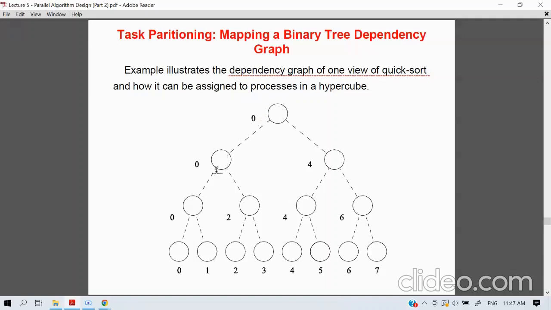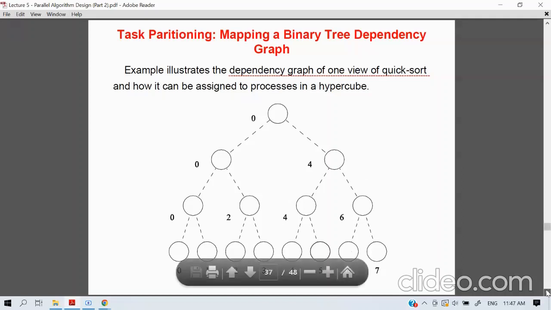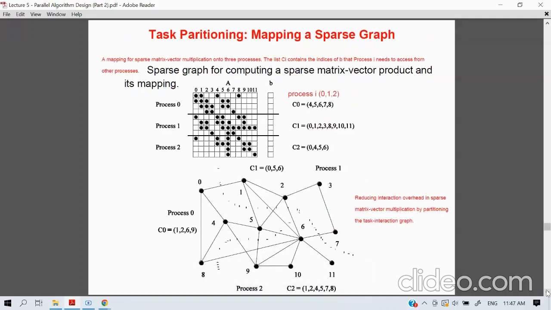So this one is process 0, 1, 2, 3, and so forth lah. Okay, so this is mapping based on the task partitioning by looking at the task dependency graph. Alright. So another example to mapping a sparse graph.